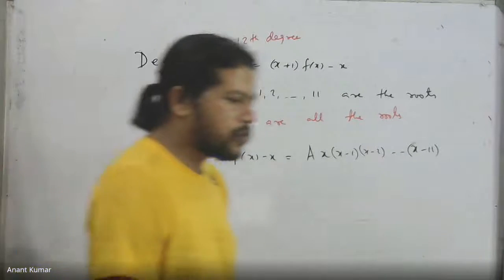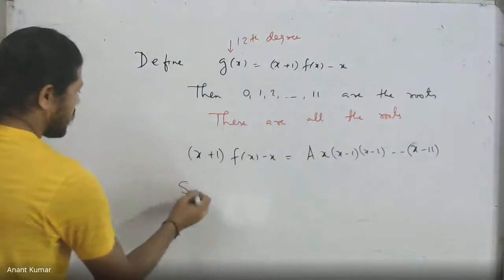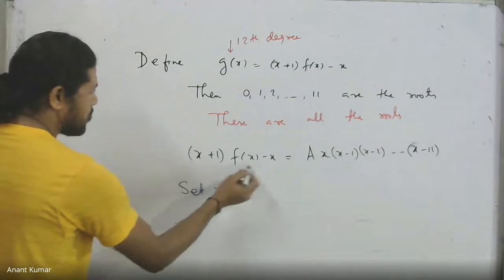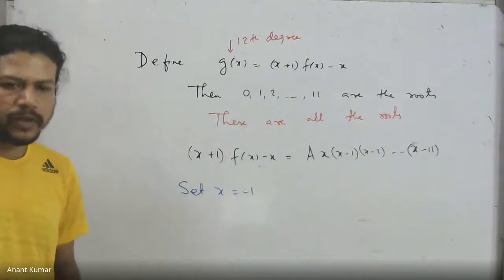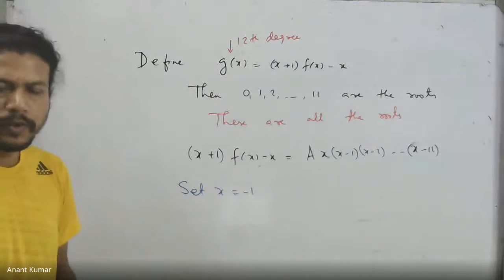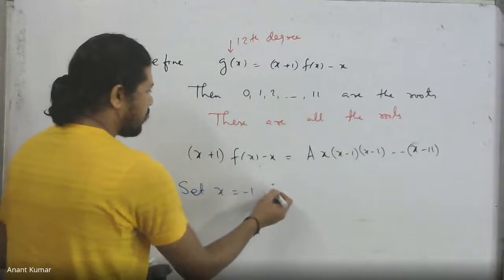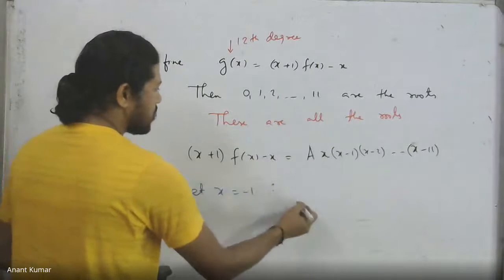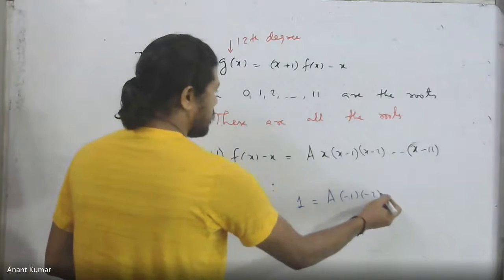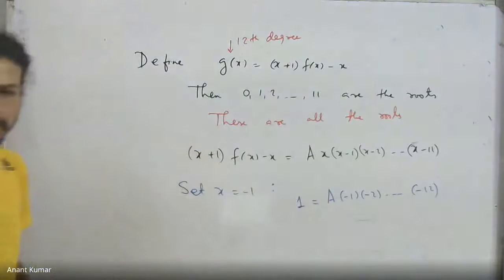So we put x equal to minus 1, in which case this part will turn out to be 0. I do not know f(-1), but it doesn't matter. It's going to be something finite because this is a polynomial. So what I get is 1 equal to a into (-1)(-2)(-3) till (-12).